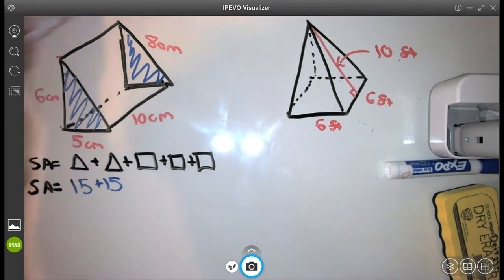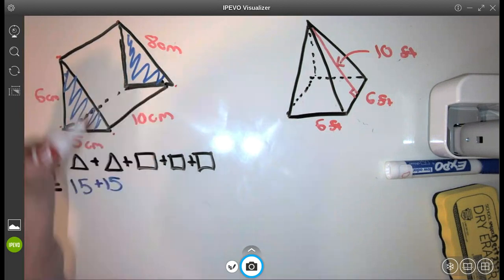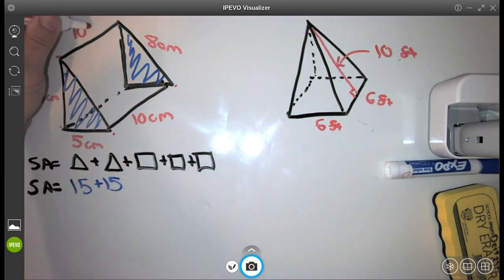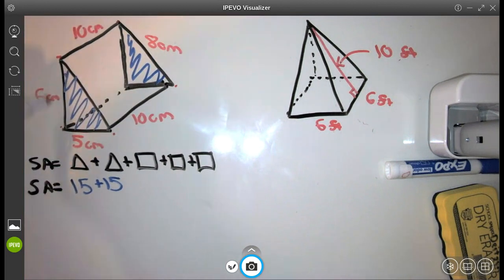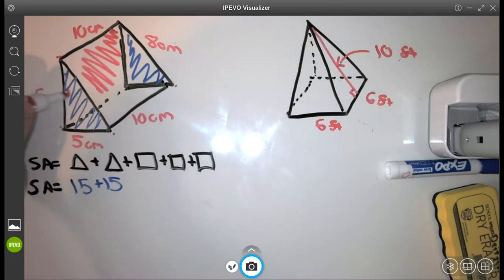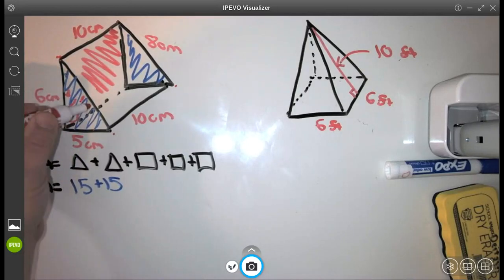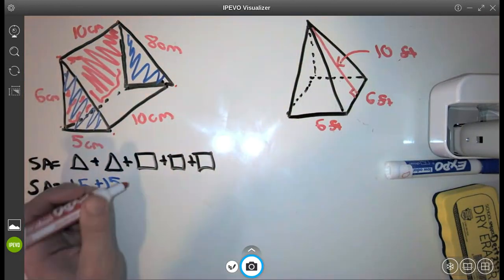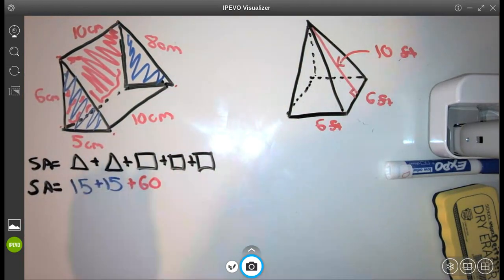Here to here, it doesn't show you, but it's the same distance as there to there. So if that's 10, this also has to be 10 centimeters. So 6 times 10 will give me the area of this section, so I'm going to do plus 60.